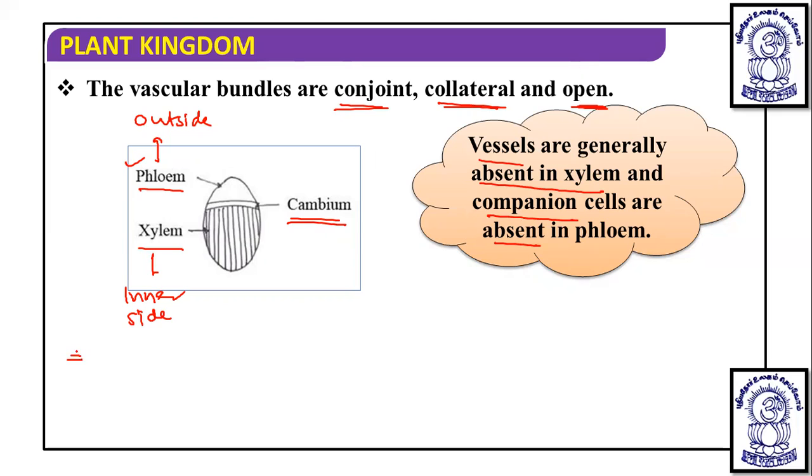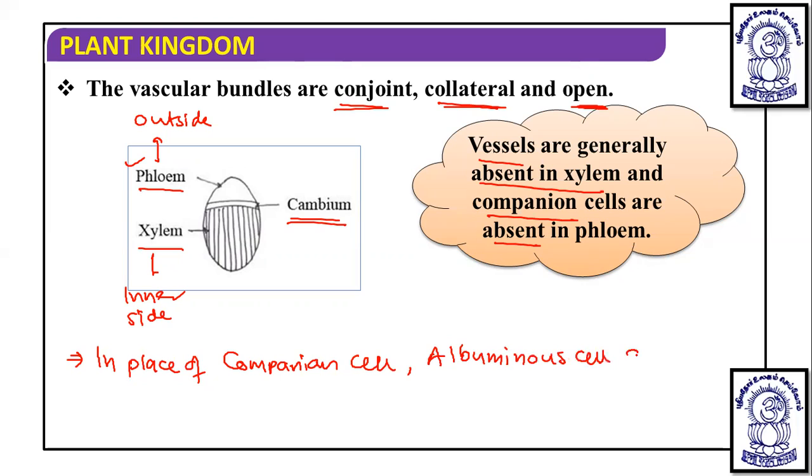So in place of vessels, tracheids mainly play the role of conduction in xylem, but in place of companion cells, albuminous cells are present in gymnosperms.